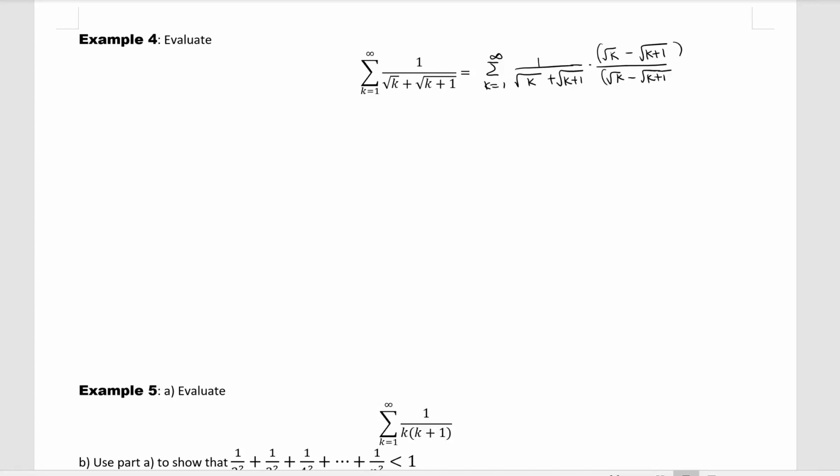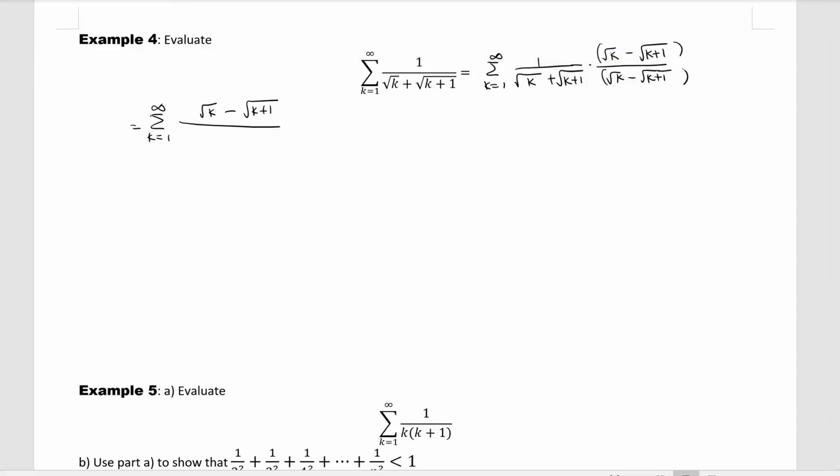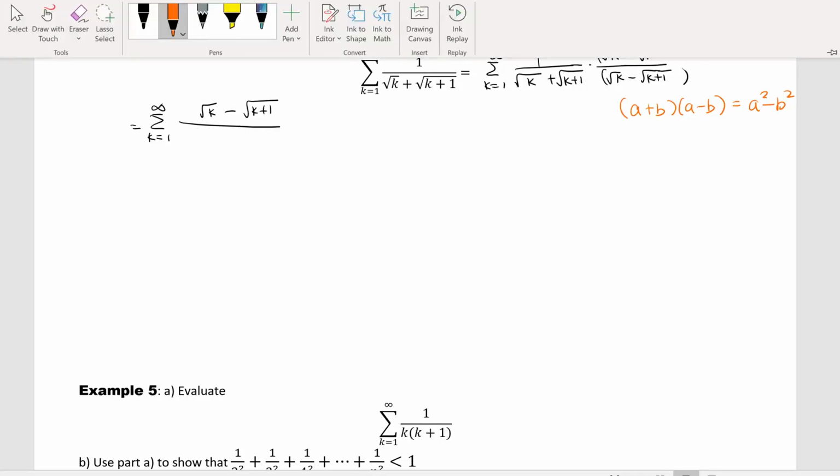So you multiply by the conjugate, and then what's the top? The top is going to be square root of k minus square root of k plus 1. The bottom, let me use a different color. If we are doing the formula, we have a plus b, a minus b is a squared minus b squared. So that's why we multiply by its conjugate.